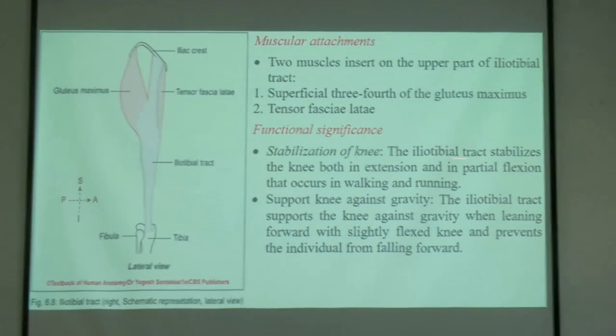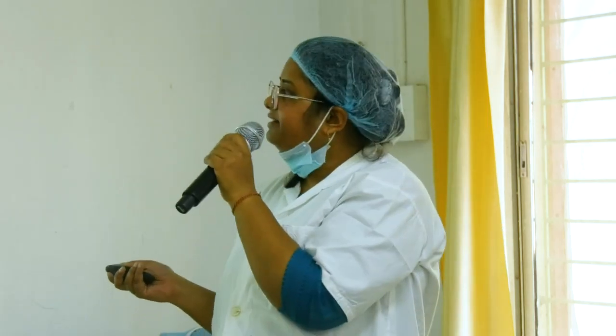It stabilizes the knee both in extension and in partial flexion, which occurs in walking and running. It also supports the knee against gravity when leaning forward with a slightly flexed knee, and prevents the individual from falling forward. These are the two main functions of the iliotibial tract.